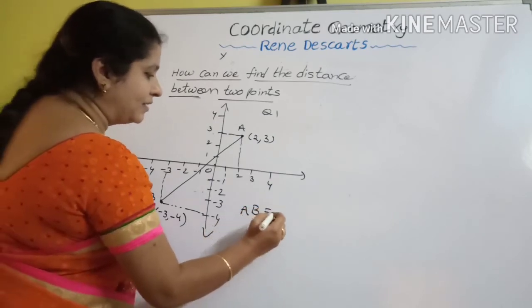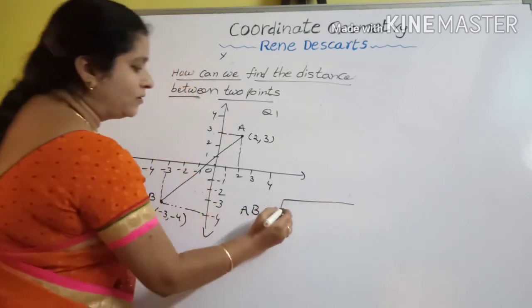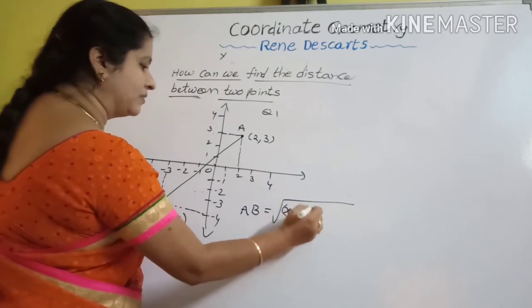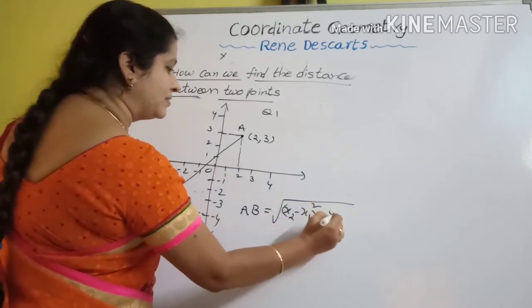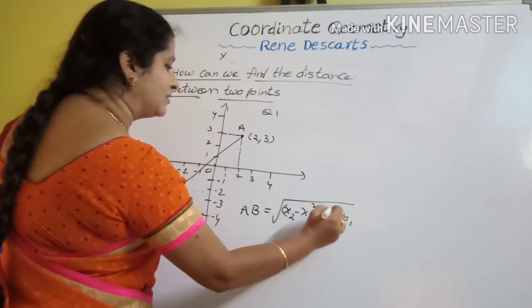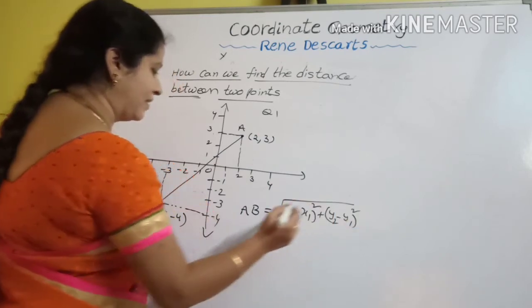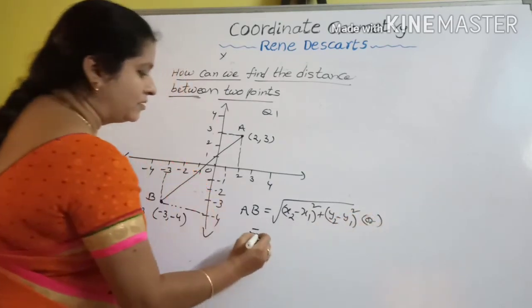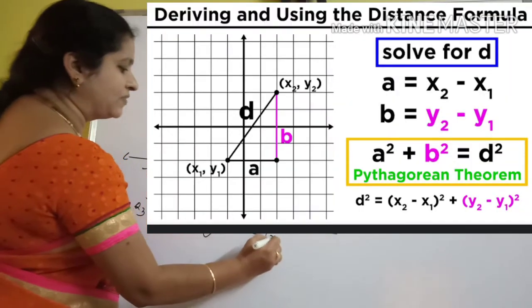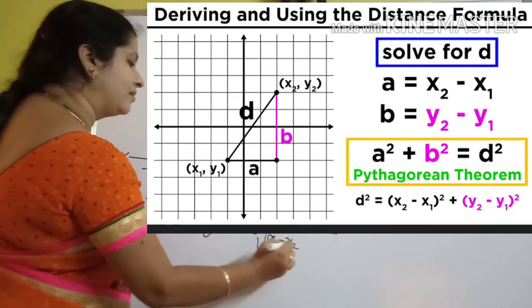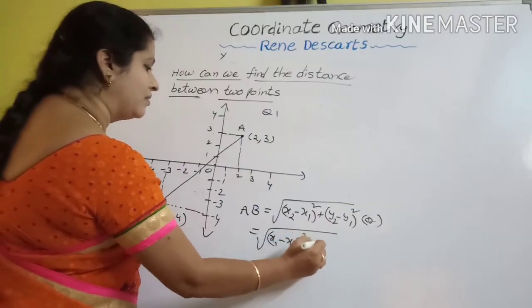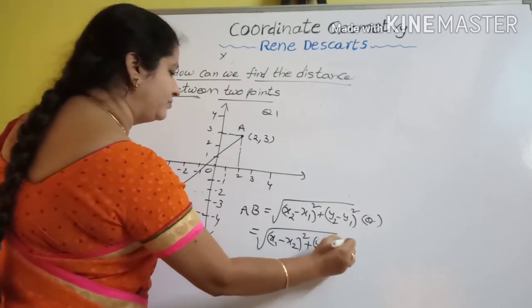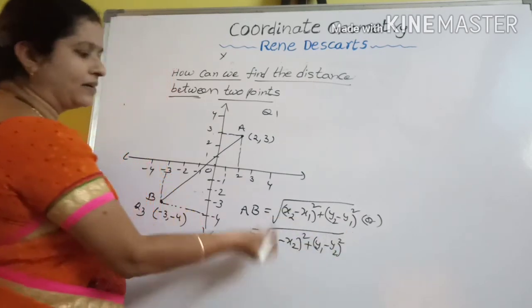Square root of x2 minus x1 whole square plus y2 minus y1 whole square, or square root of x1 minus x2 whole square plus y1 minus y2 whole square. These two are equal.